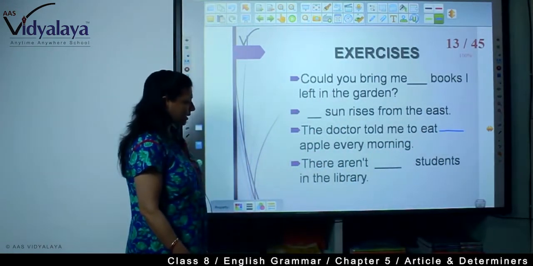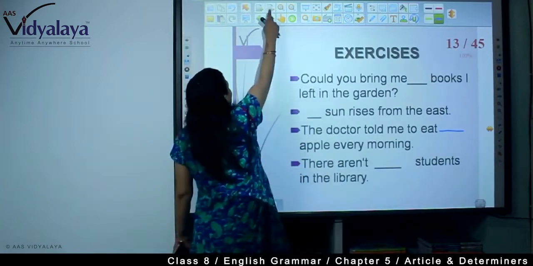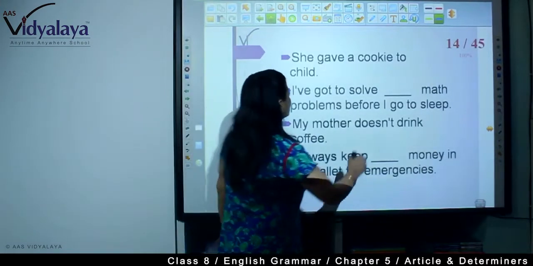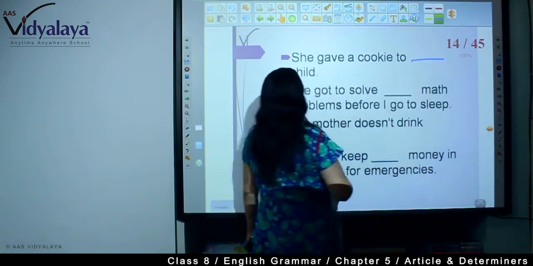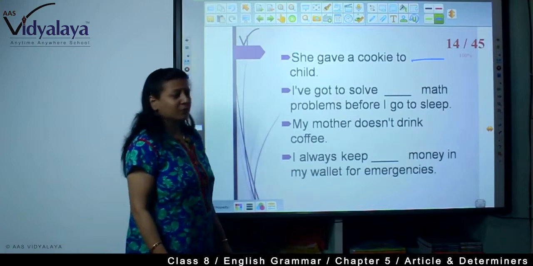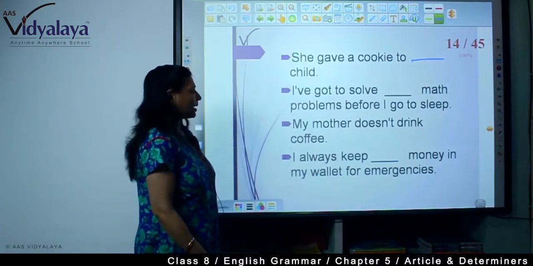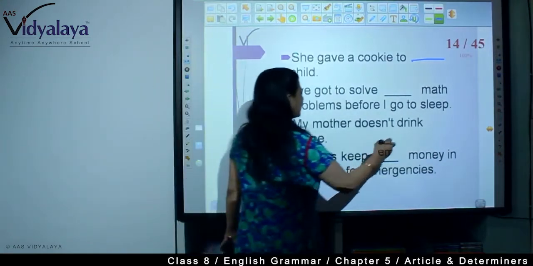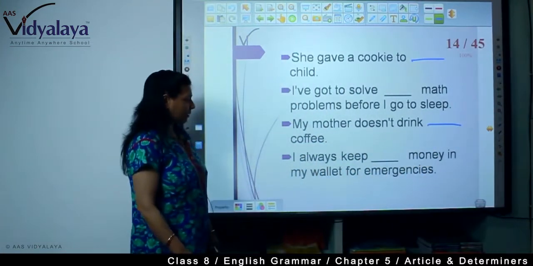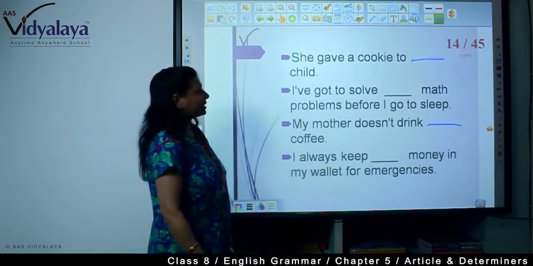There aren't dash students in the library. She gave a cookie to dash child. I have got to solve dash math problems before I go to sleep. My mother doesn't drink dash coffee. I always keep dash money in my wallet for emergencies.